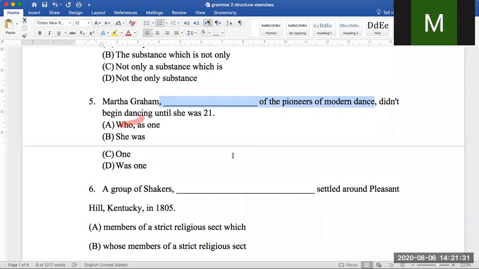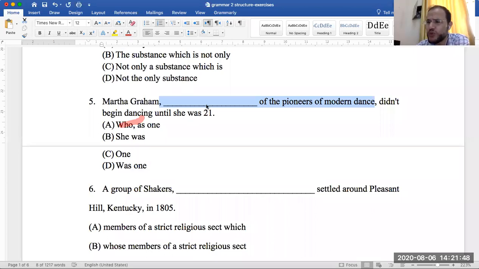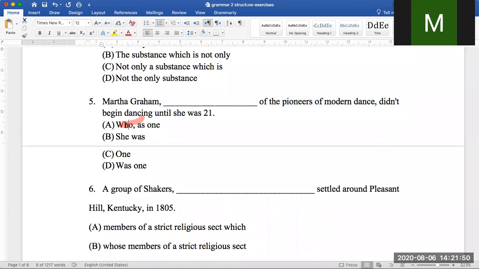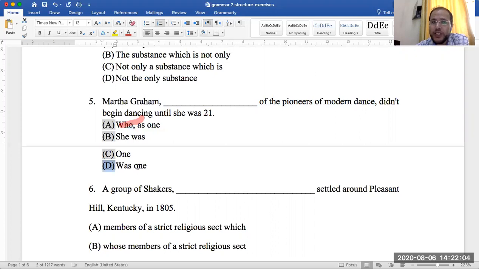For example, I say Martha, the teacher who always carries an umbrella. So we have an adjective clause, who describes Martha, and who is a subject, so it has to have a verb. So who here in number one is not correct. Why? Because first of all, it's missing a verb. You can't say Martha Graham who was, that was, etc.